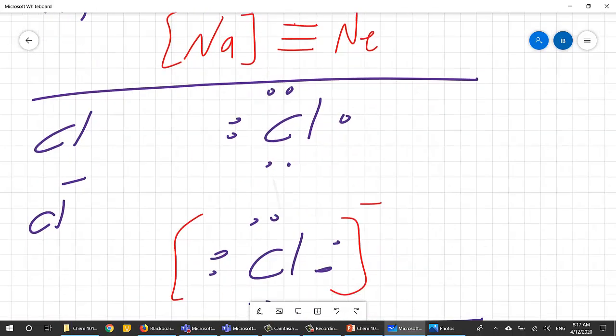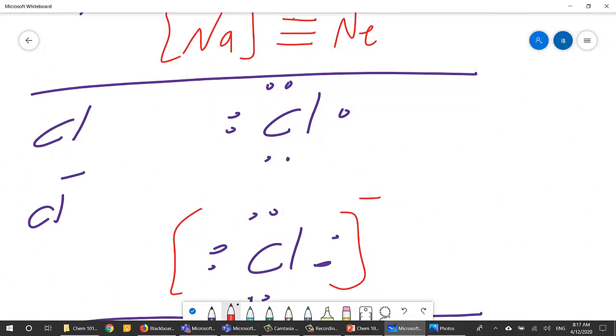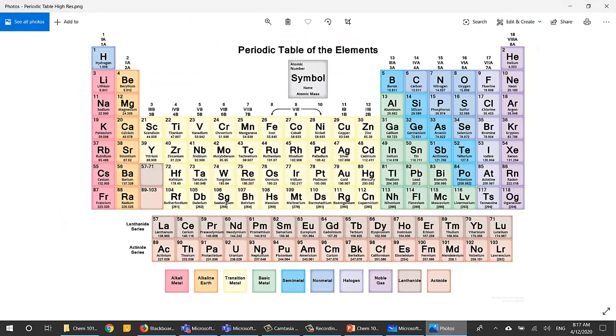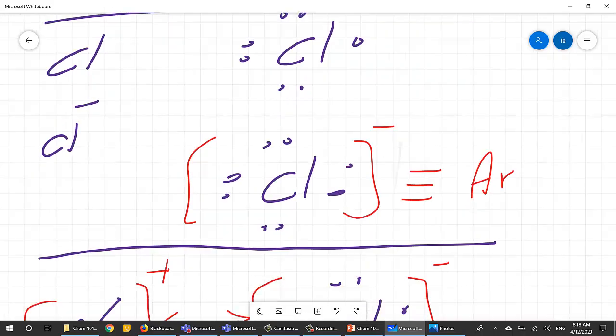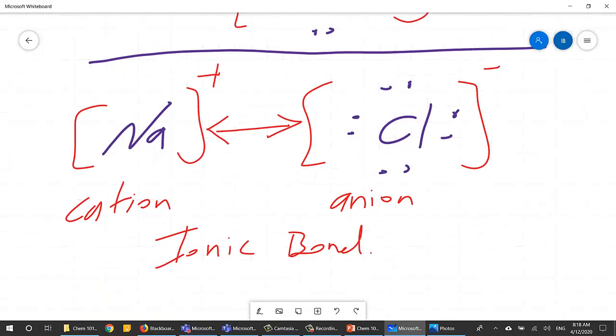And when chlorine took an electron, now if you look at the periodic table, guess which element it's isoelectronic with? It's isoelectronic with the element next to it, which is argon. So this is isoelectronic with argon. And that's why this is happening, because everybody wants to be a noble gas. Everybody wants to be perfect.